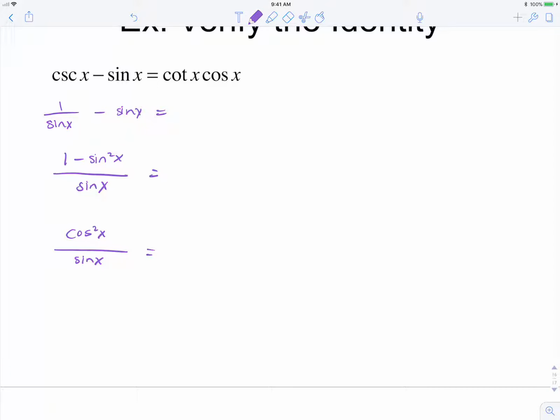If we were to break up cosine squared and think of it as cosine times cosine, then cosine over sine we know is cotangent.